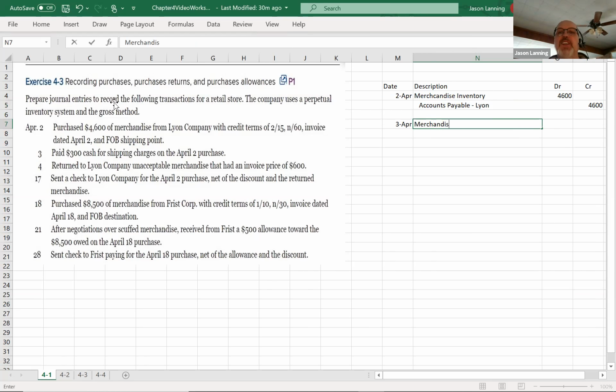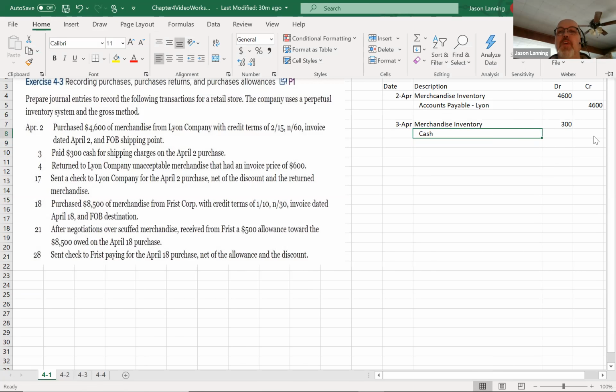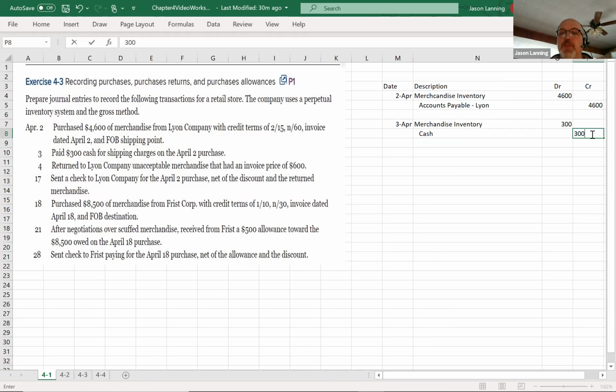So we're going to put the cost for this shipping into merchandise inventory because it's part of the cost of us acquiring these goods. And since we paid for it, of course, we credit cash for the 300 also. Since we paid it, cash goes down. Cash is an asset, has a normal balance on the debit, which means it would increase on the debit. Since we're paying cash, it decreases on the credit.